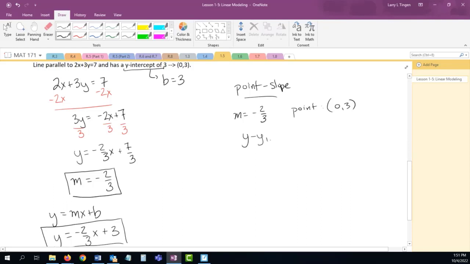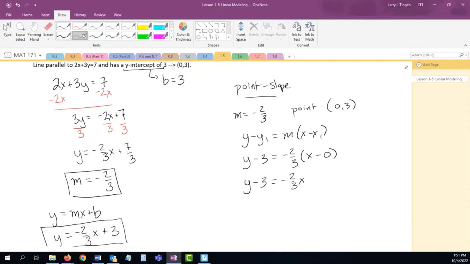So plug everything in. y minus y sub 1 equals m times x minus x sub 1. y minus 3 is equal to negative 2/3 times x minus 0. y minus 3 is equal to negative 2/3 x. Negative 2/3 times 0 is 0.